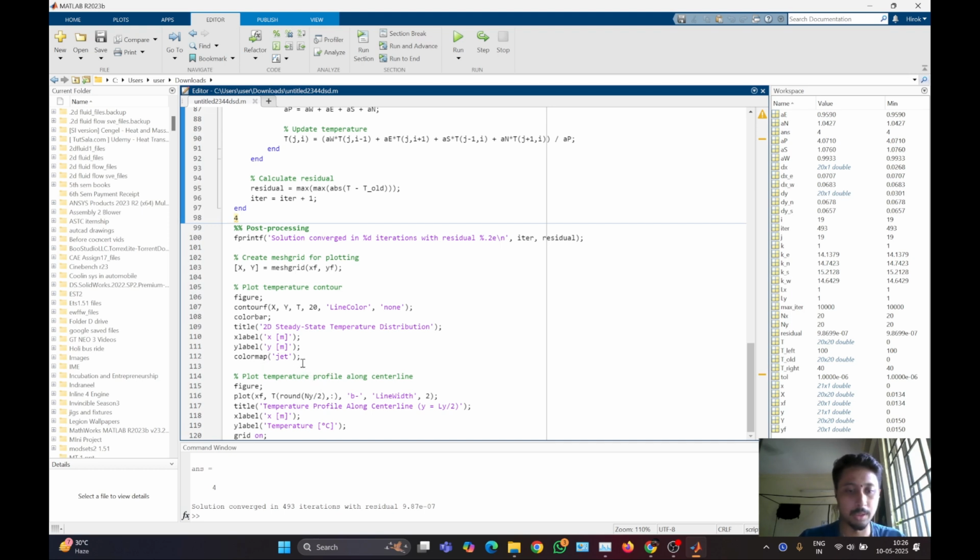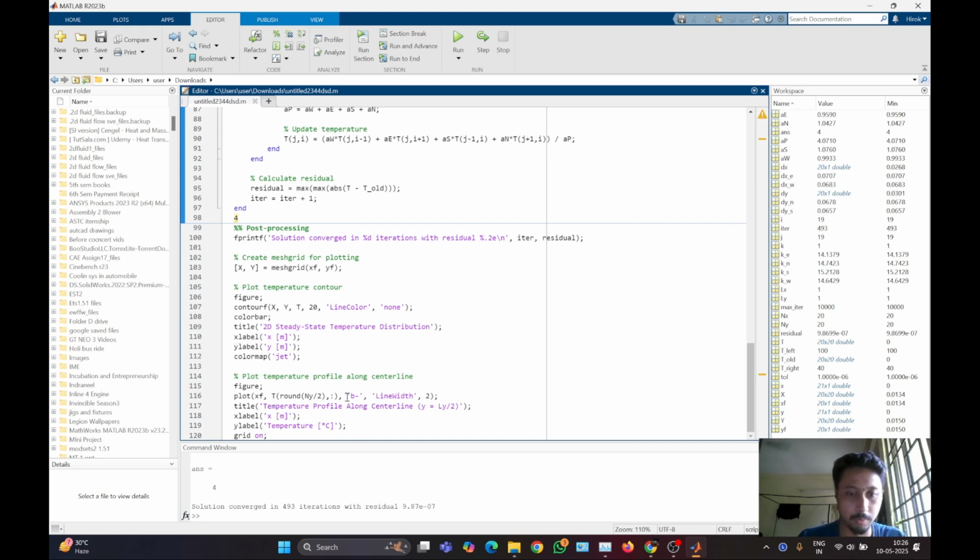Plot temperature profile along center line. So we will plot the temperature profile along the center line, to see how the temperature varies because of the difference in temperature at the left side and the right side.